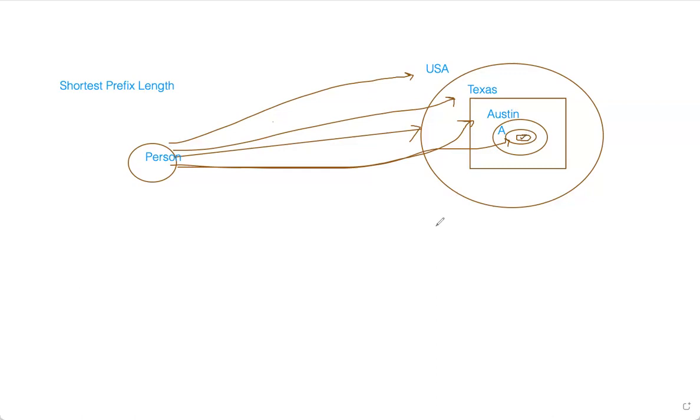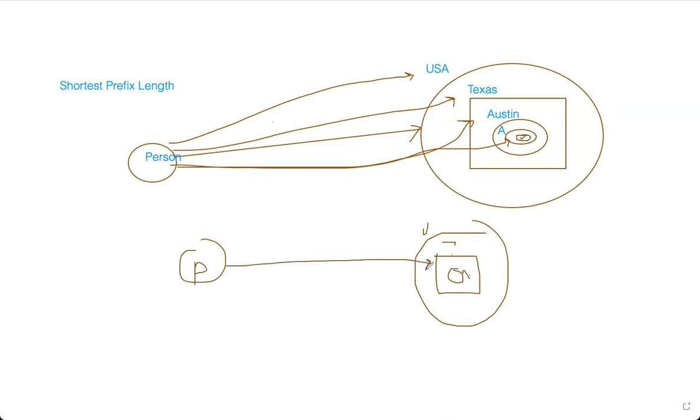But let's say there is only USA, Texas, Austin. And if a person wants to search for the address of another person, where will he go in Austin? He knows to go to USA, go to Texas, go to Austin, but he does not know the address of the person in Austin, what street, and what is the door number.